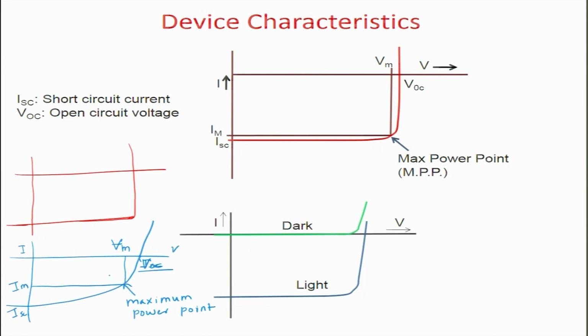This is where the shape of the IV curve is extremely important. Our aim as materials and device engineers is to maximize the power that can be extracted, which means to have an IV curve which is as rectangular as possible.